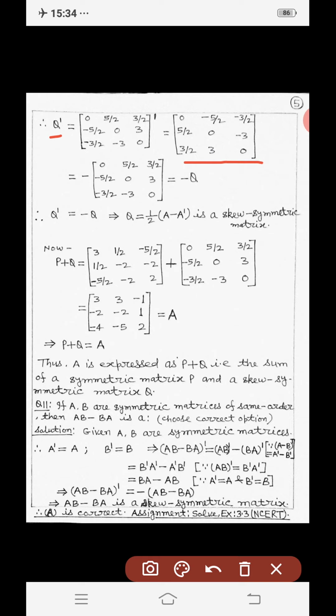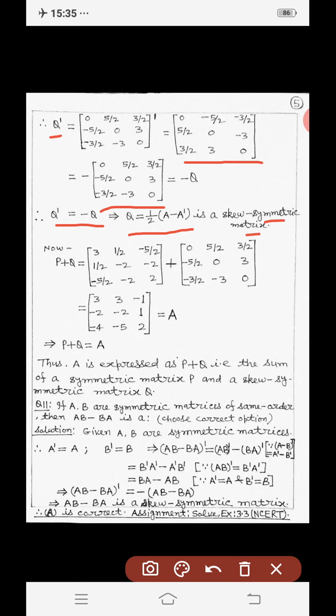Dear students, here we take minus 1 common from Q transpose, we get minus [0, 5 by 2, 3 by 2; minus 5 by 2, 0, 3; minus 3 by 2, minus 3, 0], and this is equal to minus Q. Here we get Q transpose equal to minus Q. So we can say that Q is equal to 1 by 2 into (A minus A transpose) is a skew symmetric matrix.